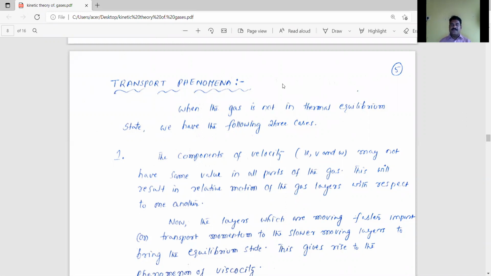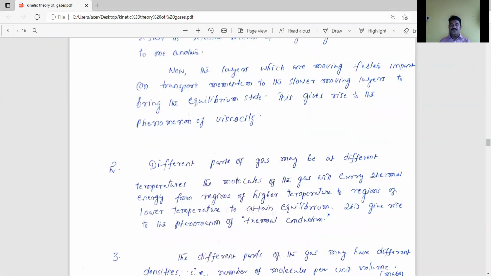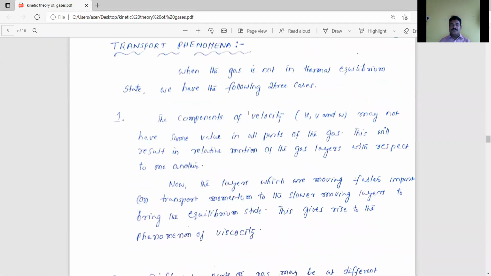Whenever a gaseous state is not in thermal equilibrium, the following three cases may happen. What are those? Viscosity, thermal conduction and diffusion. So viscosity will happen due to the transport of momentum from high velocity region to low velocity region.